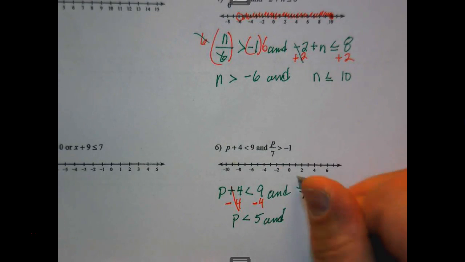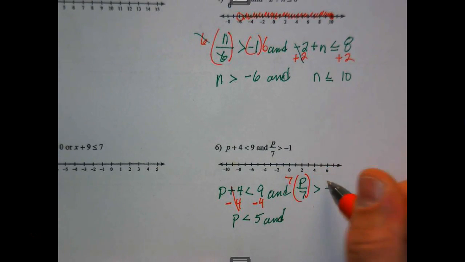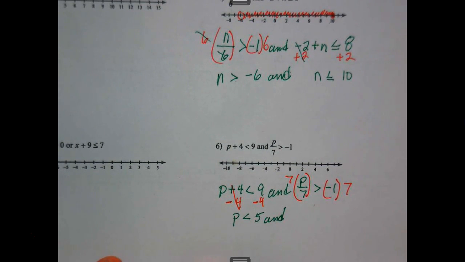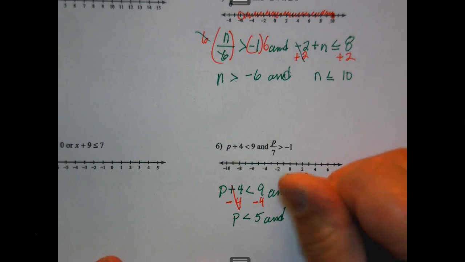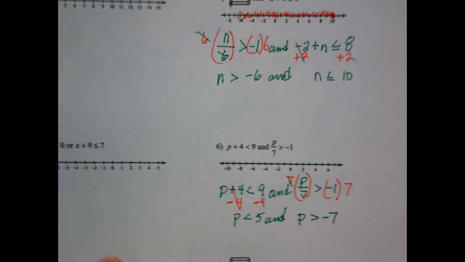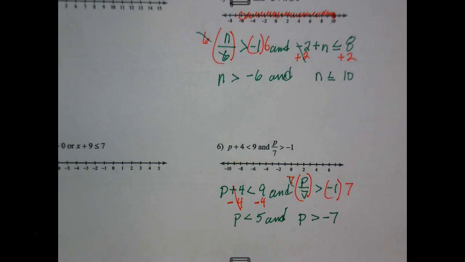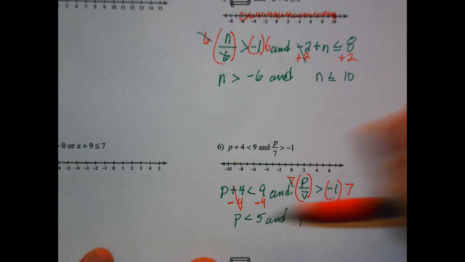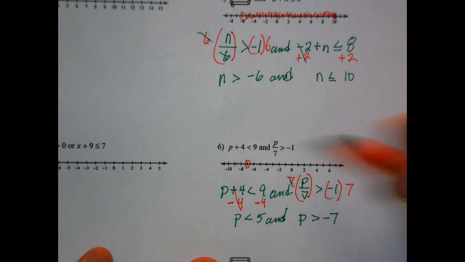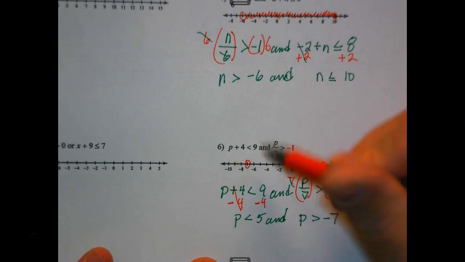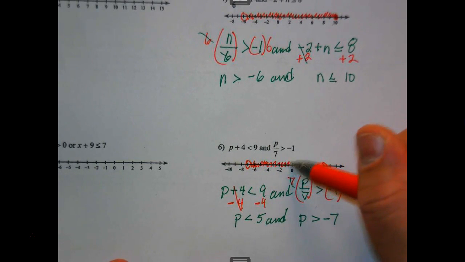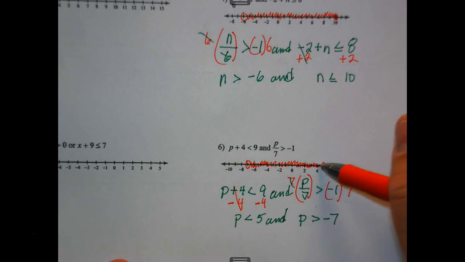Here, I'm going to multiply both sides by 7. Okay, they're both open circles, 5 and -7. It's an and problem, so I'm going to shade in between.